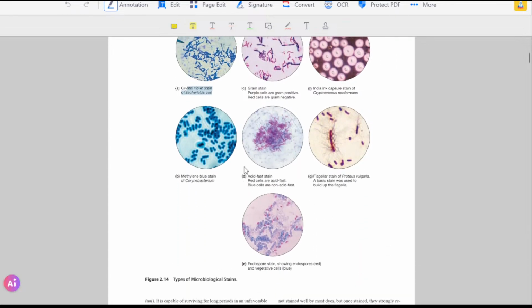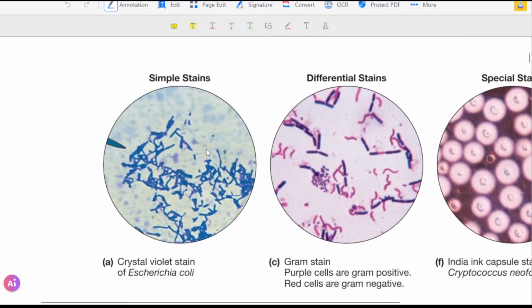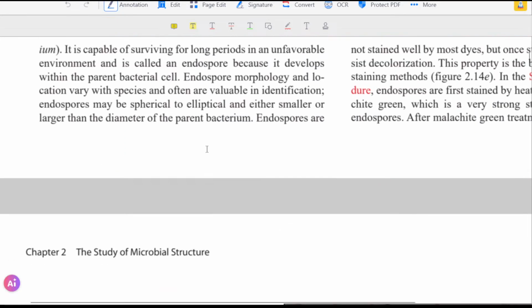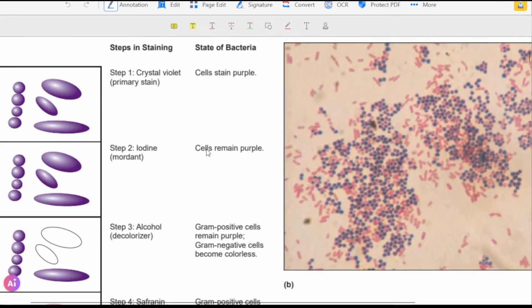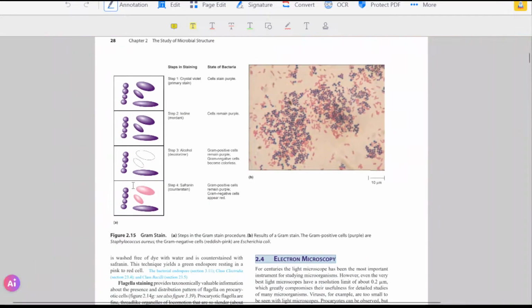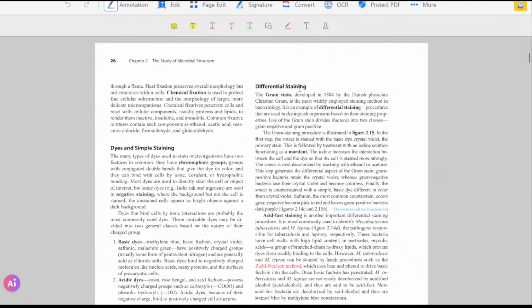The only two types of stains we studied till now are A and B, crystal violet and methylene blue stain. So these are the simple stains that we studied till now. This process shown here is the process of gram staining, and we will study it the next day. Oh wait, I am fine now, I can continue.